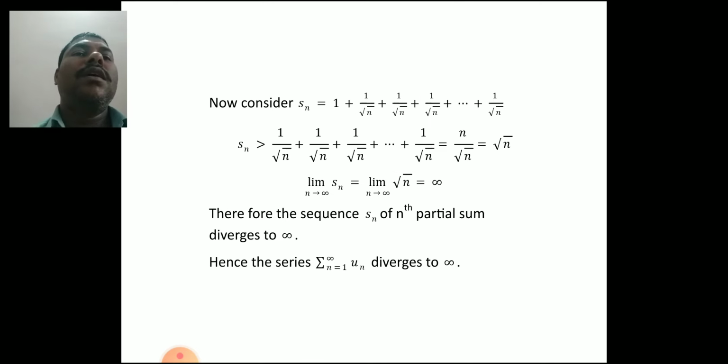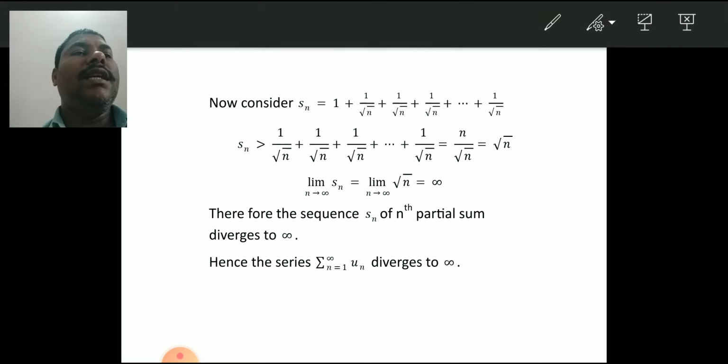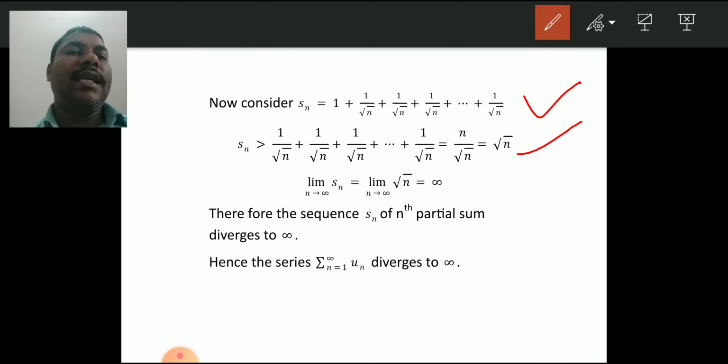Next, now consider Sn is equal to 1 plus 1 by root n, plus 1 by root n, up to plus 1 by root n. So here Sn is greater than 1 by root n plus 1 by root n up to plus 1 by root n. Its nth term is n by root n, that is equal to root n.